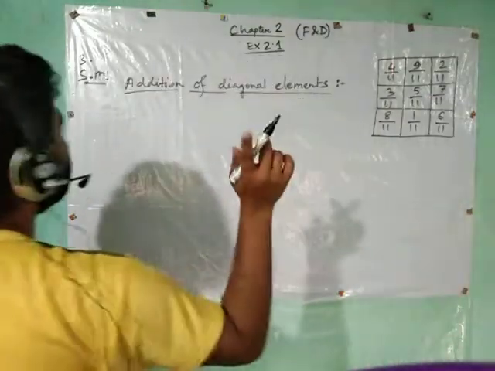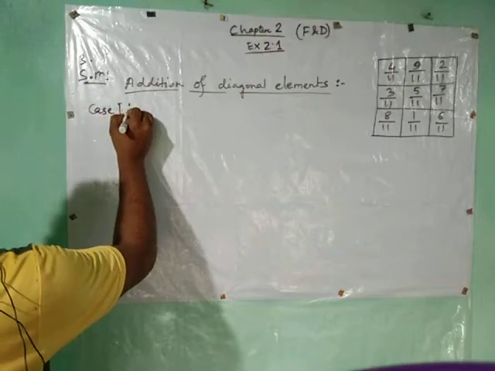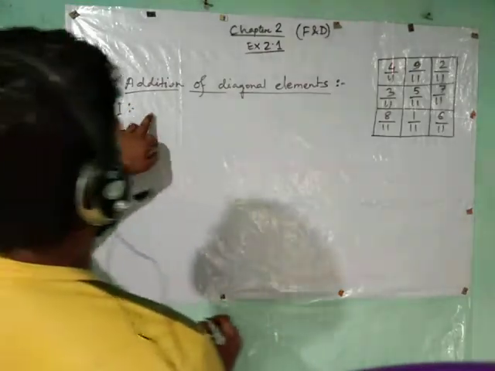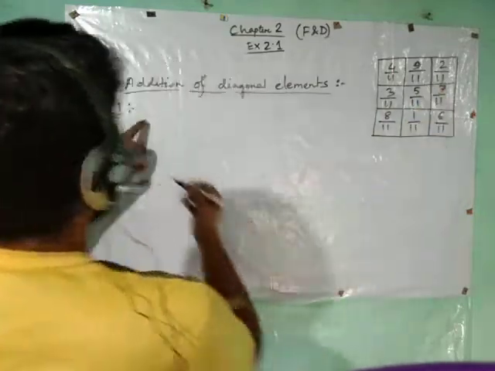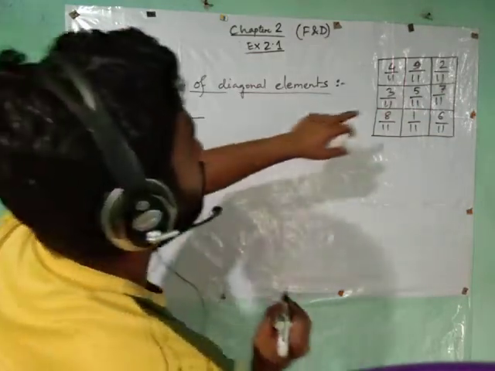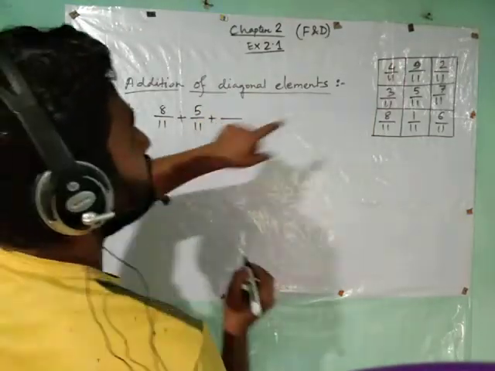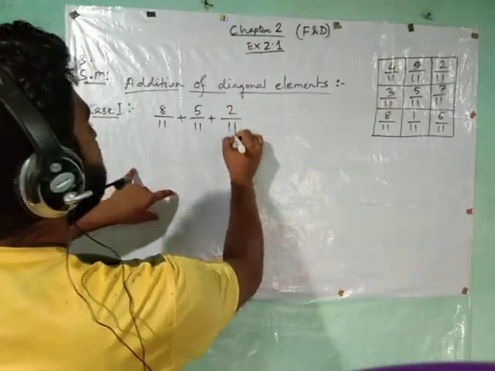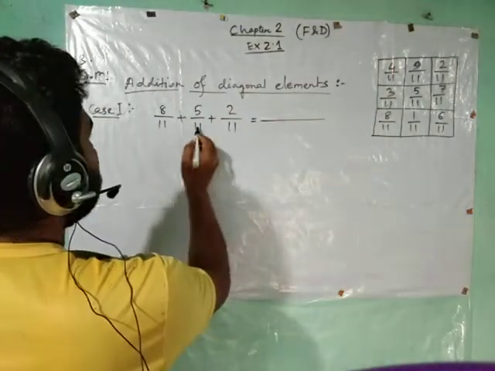So I have 2 possibilities. Case 1: suppose I am considering this diagonal. So 8 by 11 plus 5 by 11 plus 2 by 11. I hope you got this. If we add them, the denominator is the same, 11, 11, 11.